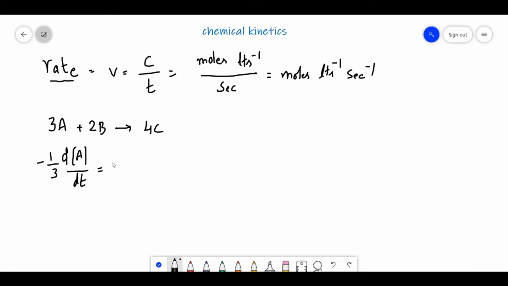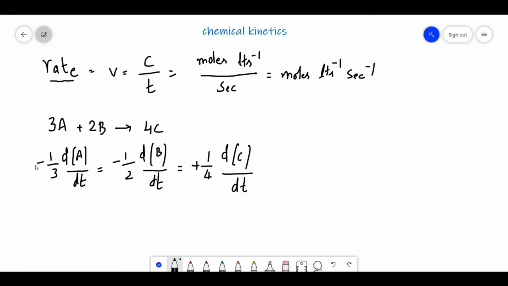And this 2 is taken as 1 by 2 d of concentration of B by dt. And this is taken as plus 1 by 4 d of concentration of C by dt.